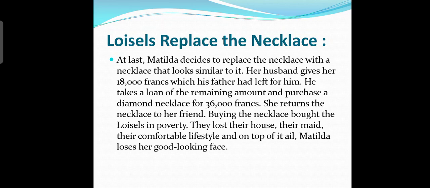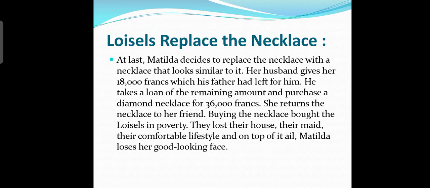At last, Matilda decides to replace the necklace with a necklace that looks similar to it. They went to the market and tried to find a necklace that looks similar to the one that is lost. So they find one. Her husband gives her 18,000 francs, which his father had left for him.